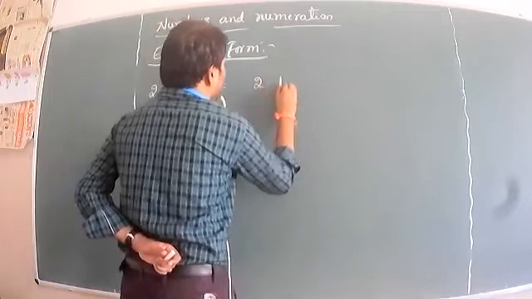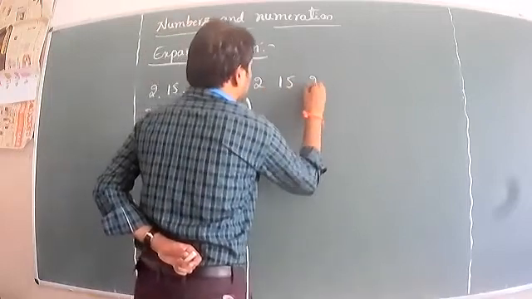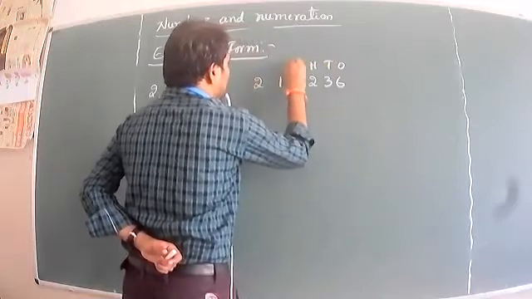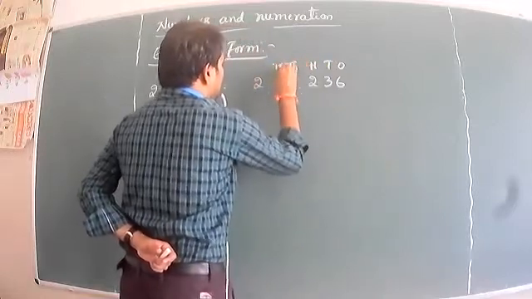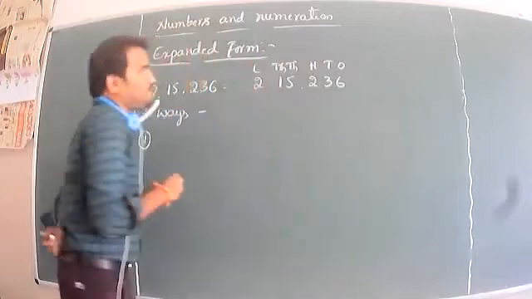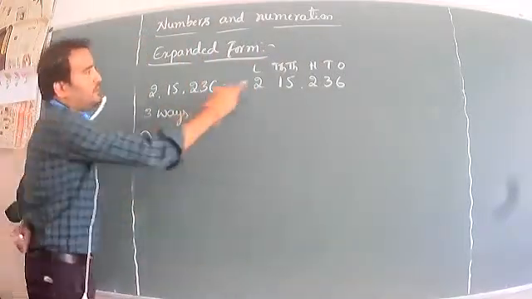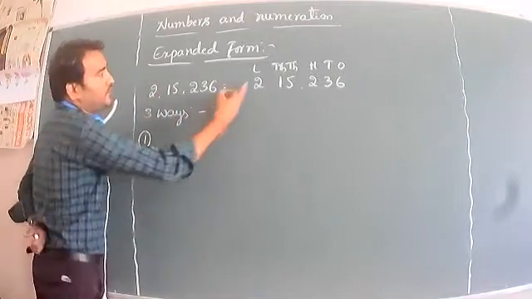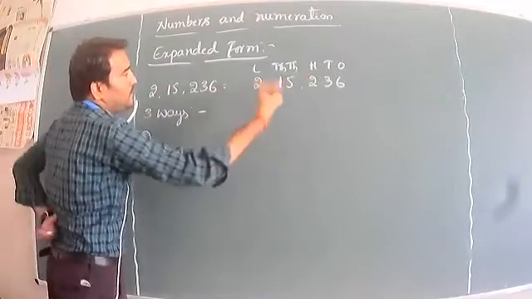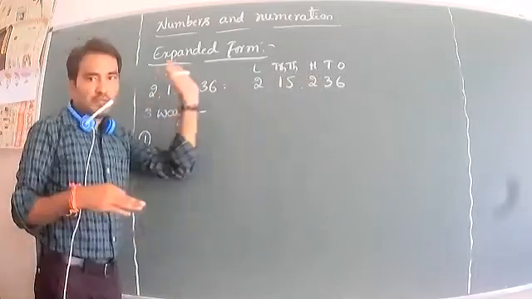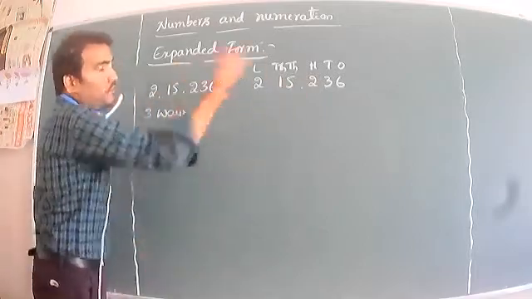It is an easy concept. At first we write 236: ones, tens, hundreds, thousands, ten thousands, lakh. We write the place values on the right side, and the expanded form and number name from left to right.